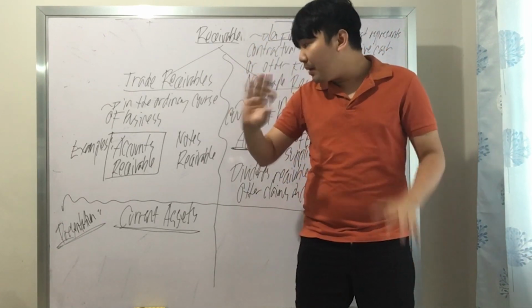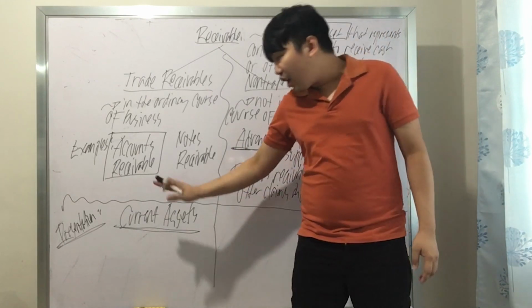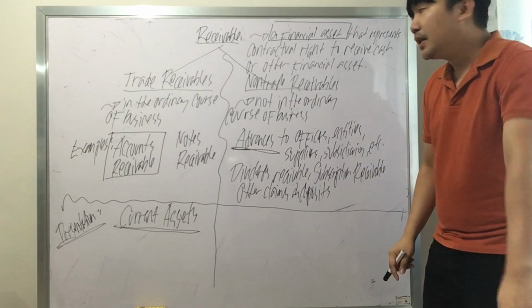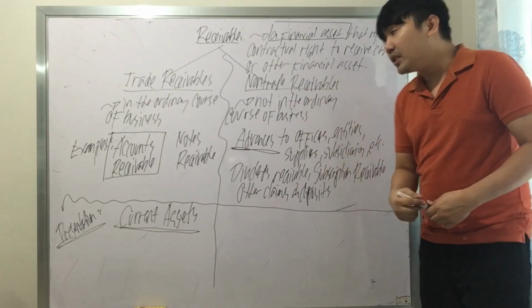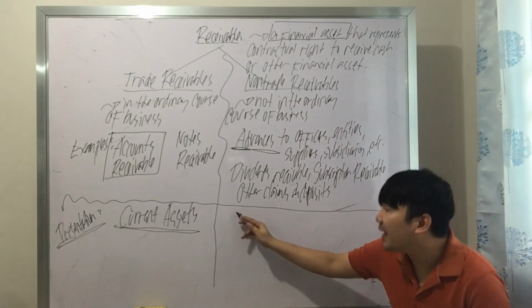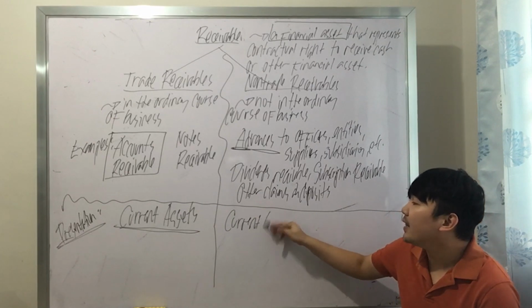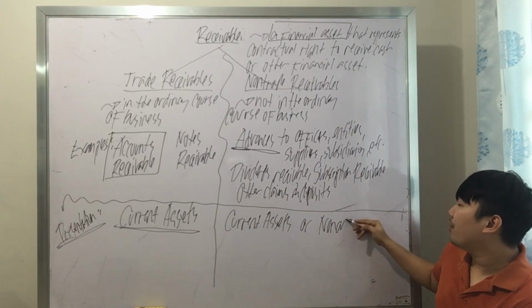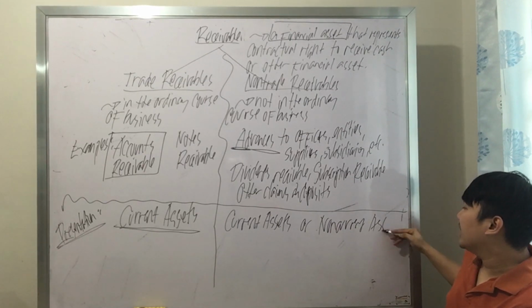Okay? Walang problema dyan. Kaya current asset siya. Yun nga lang, class, maging maingat kayo. Kapag non-trade receivables yan, class, it could be classified as current assets or non-current assets.